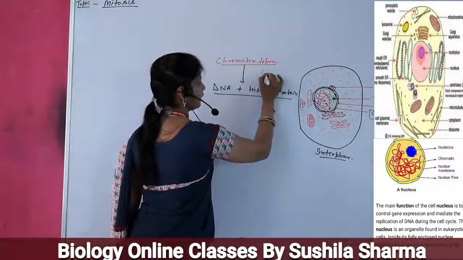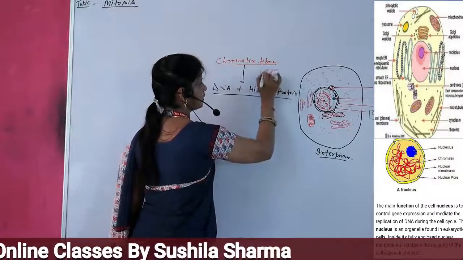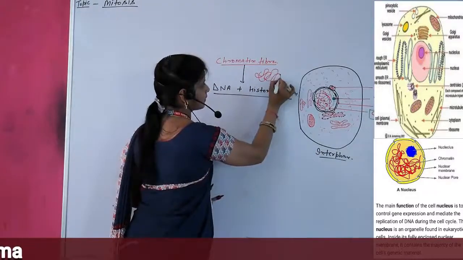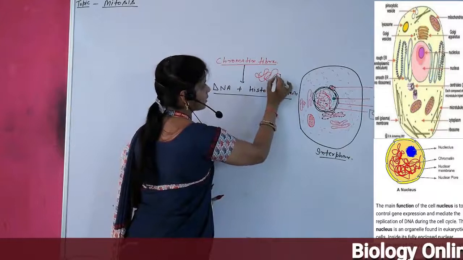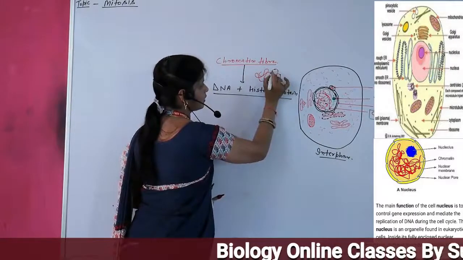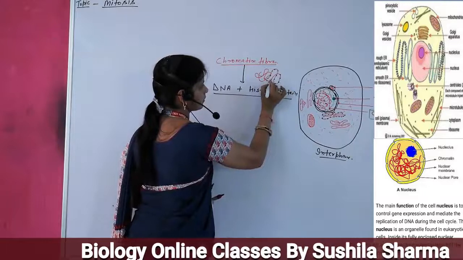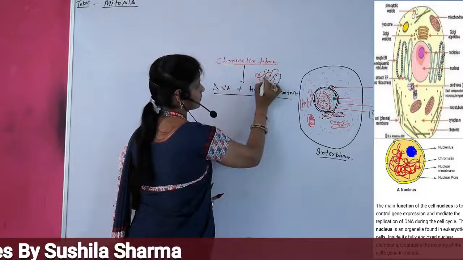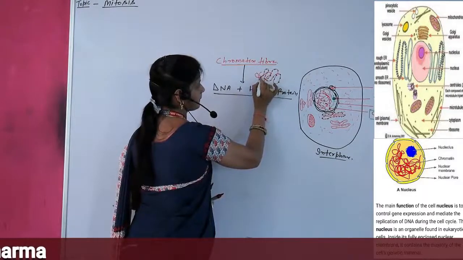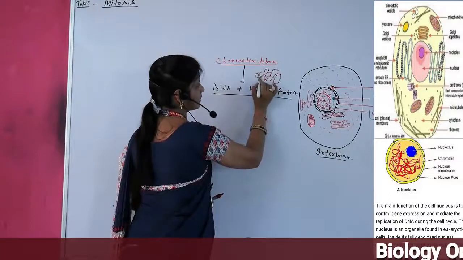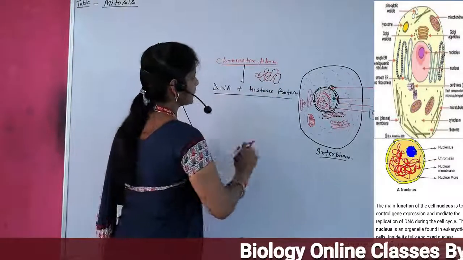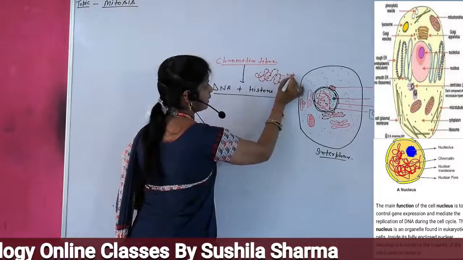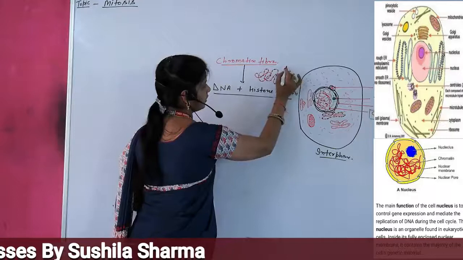Chromatin fiber looks like a thread. And some bead-like structures also appear in a chromatin fiber. Like this. These bead-like structures are histone protein, and this part is called DNA.